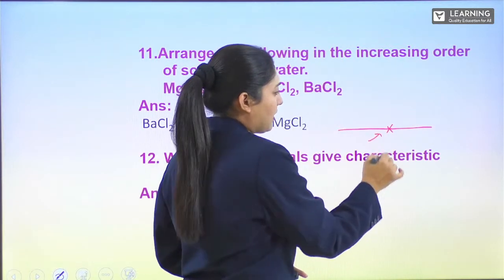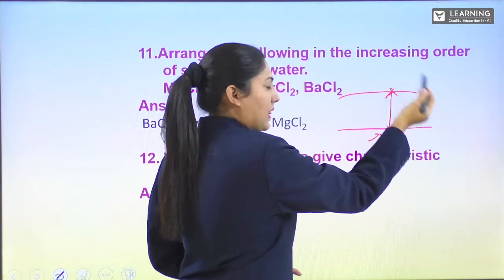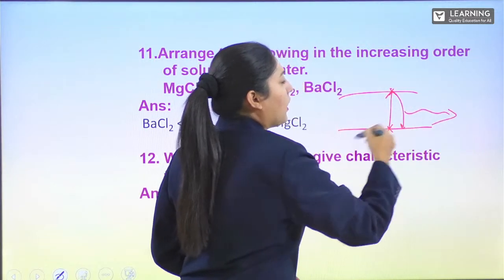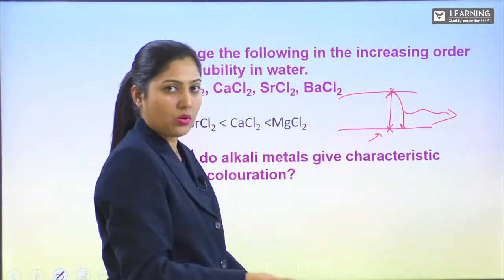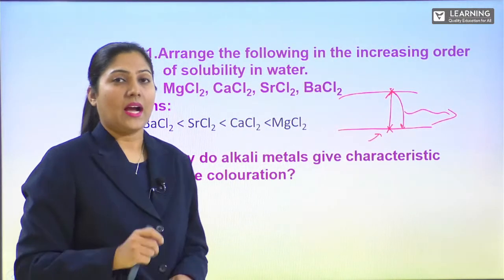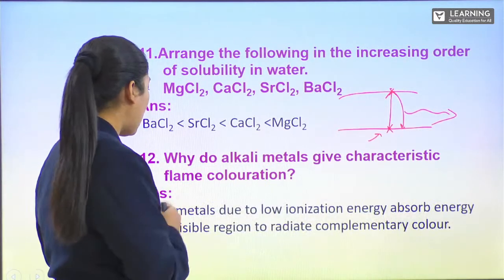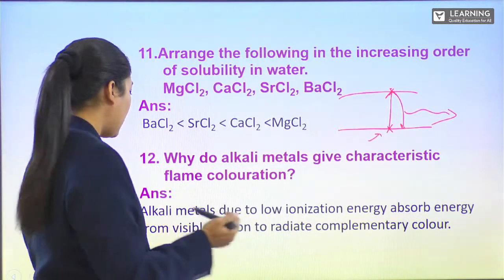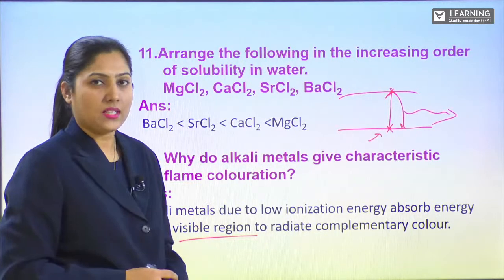If we give a small amount of heat energy, it will excite to a higher energy level, and then after some time it will come back by emitting the absorbed radiation, and that which is emitted will be in the visible region, and hence we get the coloration in the flame. So alkali metals, due to low ionization energy, absorb energy from the visible region to radiate the complementary color.